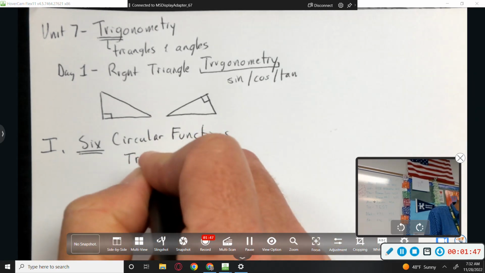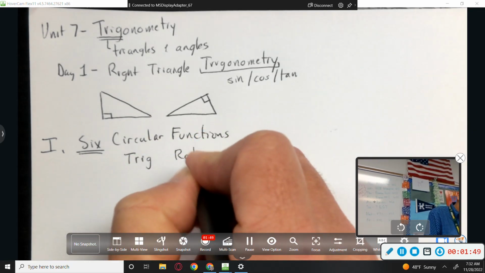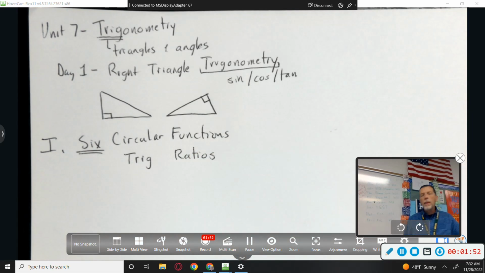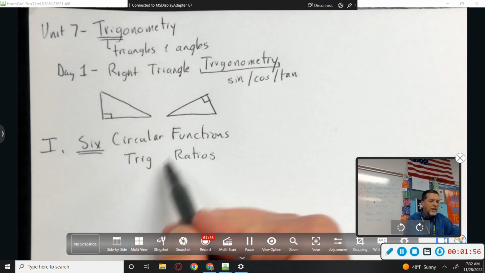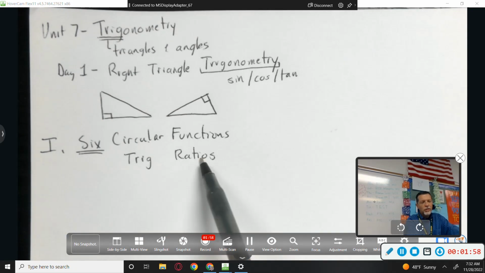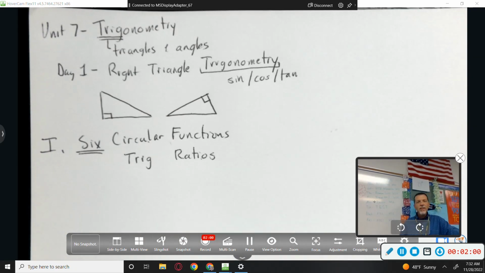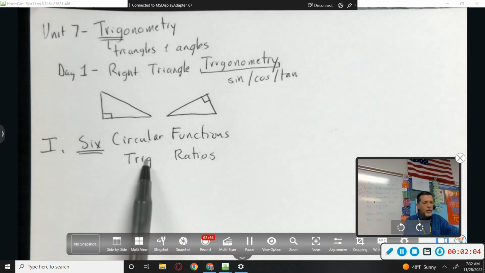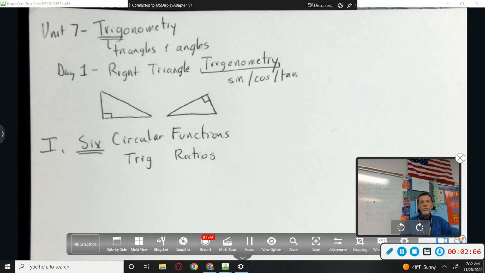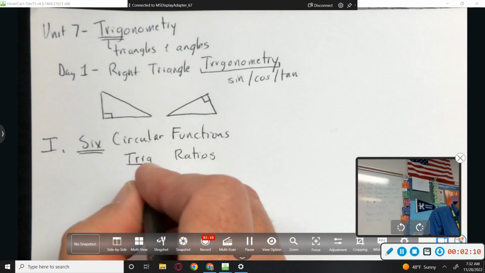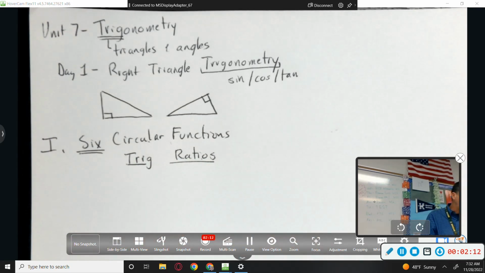It might have been better to call it the 6 trig ratios. And you can combine any set of those words, like you can call them circular ratios or trig functions, or circular functions or trig ratios. So, pick one from column 1 and one from column 2, and we'll know what you're talking about. I will probably call them trig ratios most of the time, maybe trig functions.